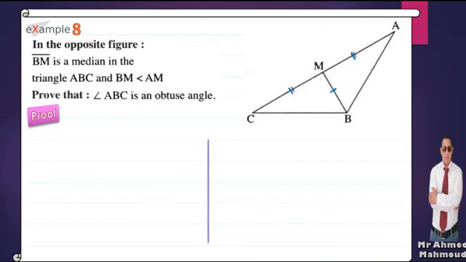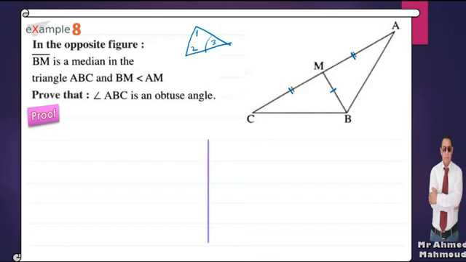Okay, now to prove that angle B is obtuse, we studied in preparatory 1 that in any triangle, if we have three angles 1, 2, and 3, for example angle 3 is the biggest angle.